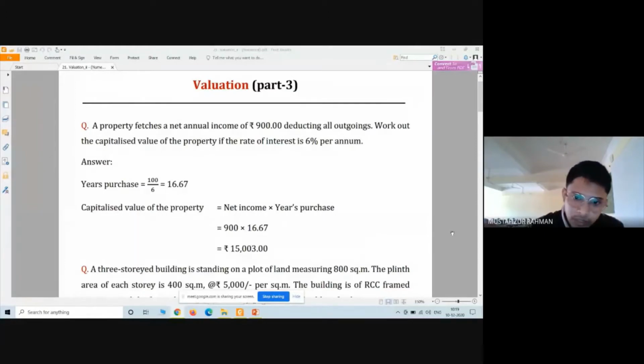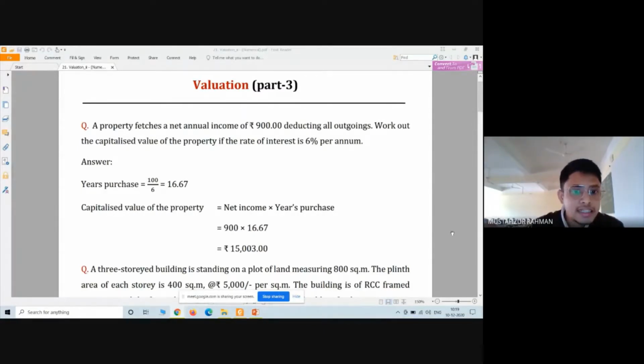Once again, capitalized value of a property: for a building, if the building is generating some income, how much money I shall have to keep in a bank to generate the same amount of income. That is the capitalized value of the property.